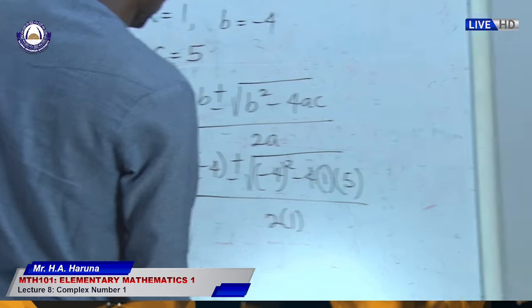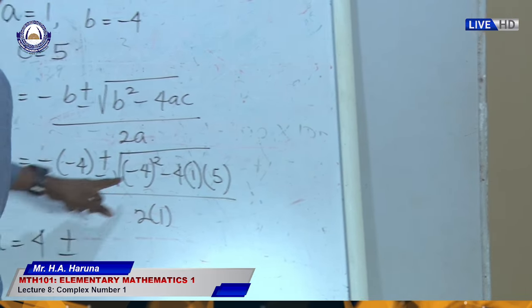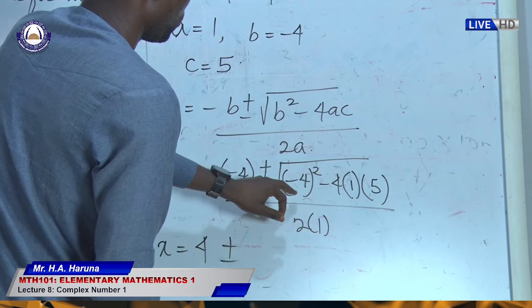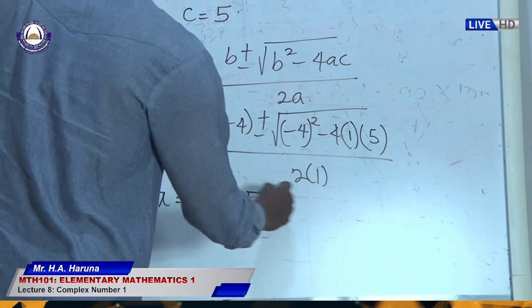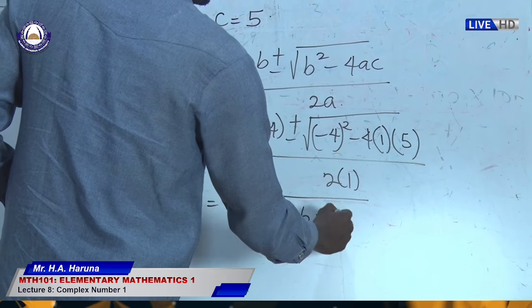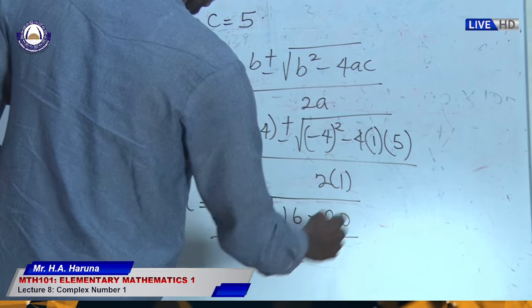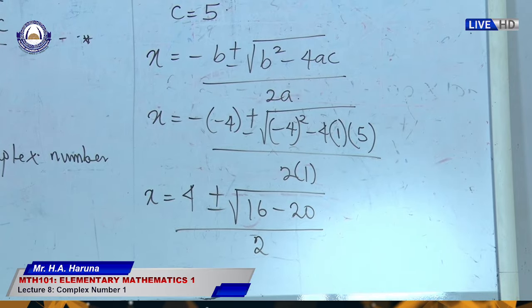X equals minus negative multiplied by another negative gives you positive. So you have 4 plus or minus the square root of 16 minus 4 times 1 times 5, which is 20, over 2 times 1, which is 2.